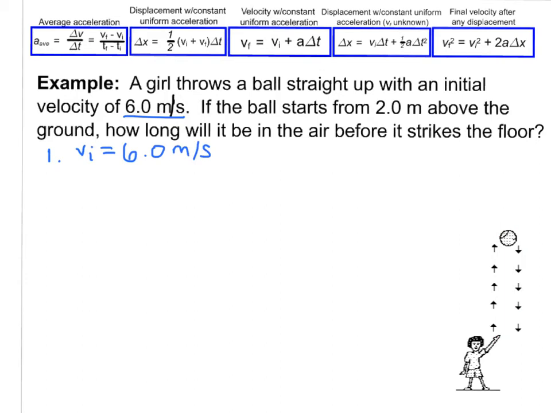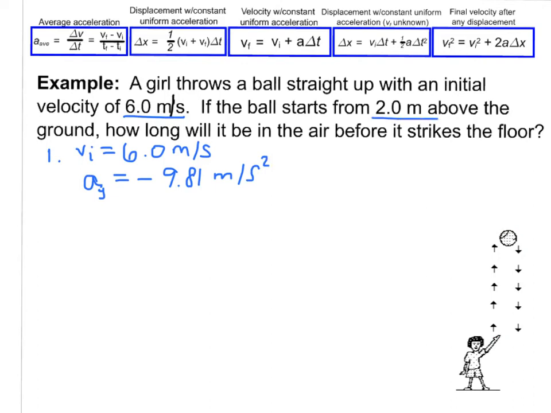That we do know. We also know acceleration due to gravity, right? Acceleration, sometimes it's written A with a little tiny g under it there. Acceleration due to gravity. We know that is negative 9.81 meters per second squared. That much we also know.